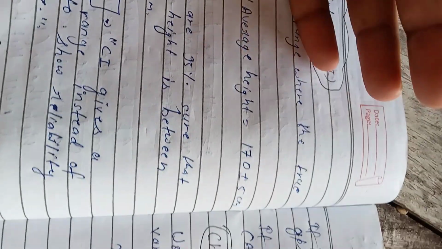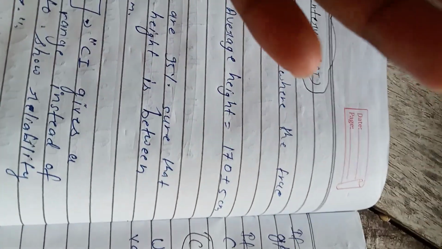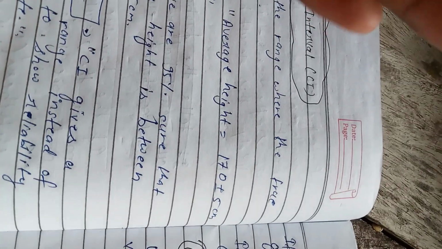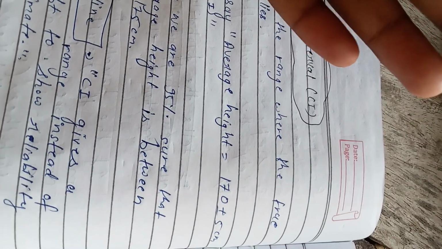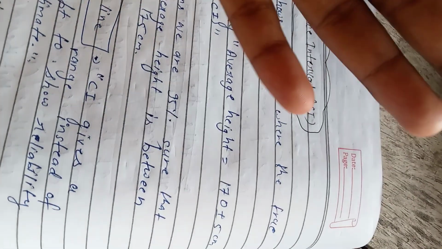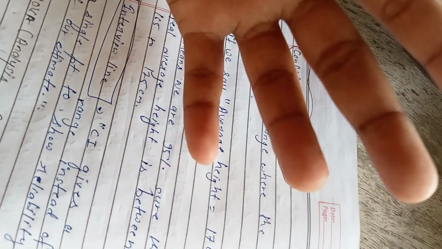Now let's talk about what is ANOVA. It's analysis of variance, used when you have three or more groups to compare. It checks if the means of three or more groups are different or not.